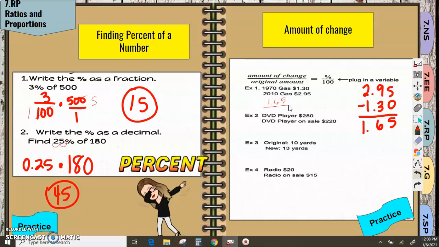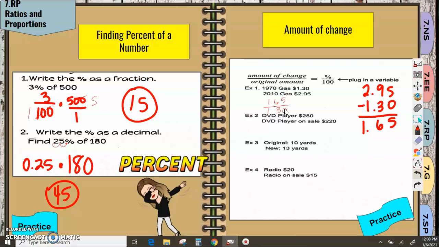over the original amount. So the original amount, it's either going to tell you the original, it's going to tell you the price before the sale. If you're dealing with years, you're going to look at the earliest year. So I'm looking at the 1970 price, and that's $1.30. So I'm going to put that on bottom. And I set that equal to percent over 100.